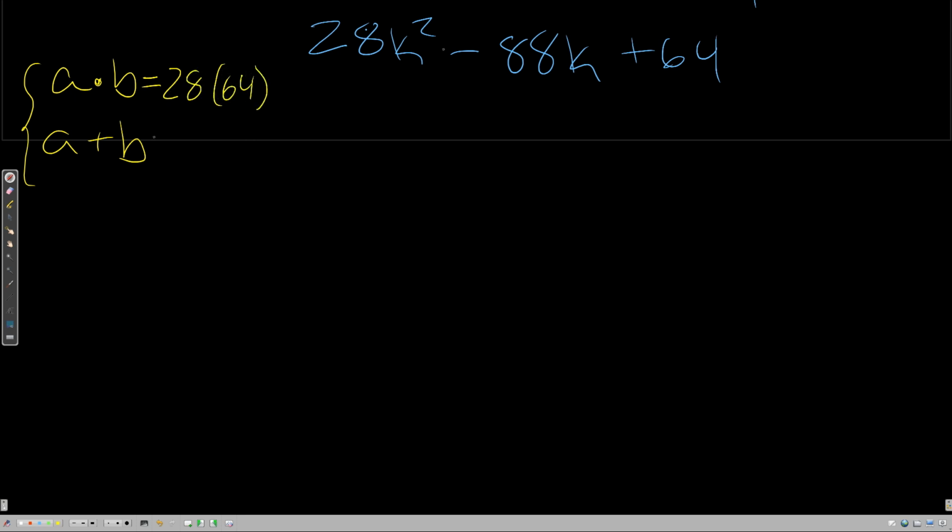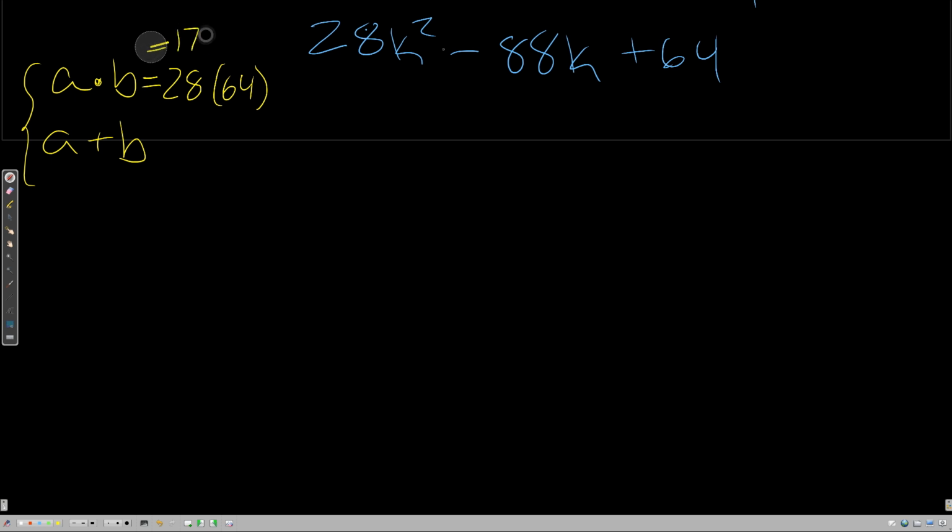Of course, that does not mean that A is 28 and B is 64. It just means that whatever 28 times 64 comes out to be, that is also what A times B should be equal to. So 28 times 64, I'm getting 1792.